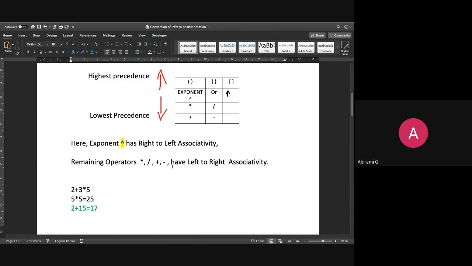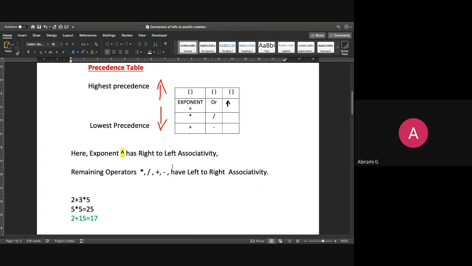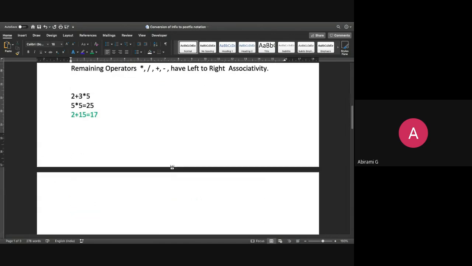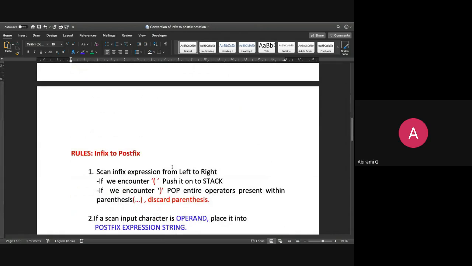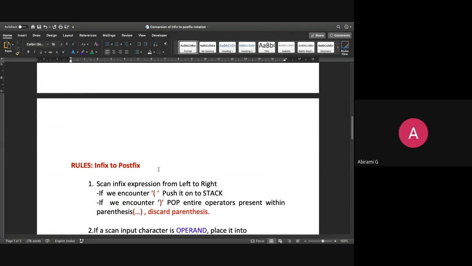So to follow this, the compiler needs some rules to convert these expressions to postfix expressions, because the compiler will evaluate only postfix expressions. The evaluation of postfix expression we will discuss in the next session. So first we learn about infix to postfix.